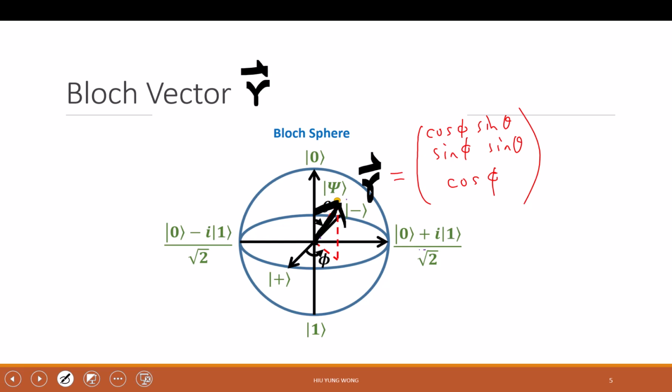Here it almost has nothing to do with quantum computing. If anyone who has just taken a class on spherical geometry comes in, they see this vector pointing in this direction. This one corresponds to the state psi in the 2D compressed plane. We have this correspondence, and this is the Bloch vector. In this class, the Bloch vector always resides on the surface of the Bloch sphere.